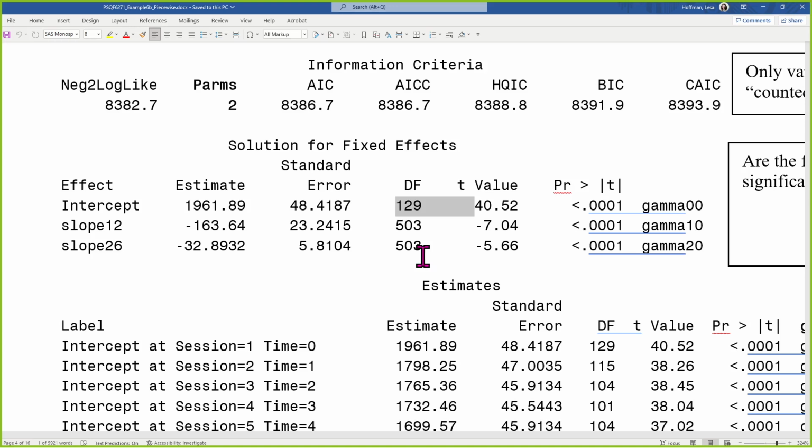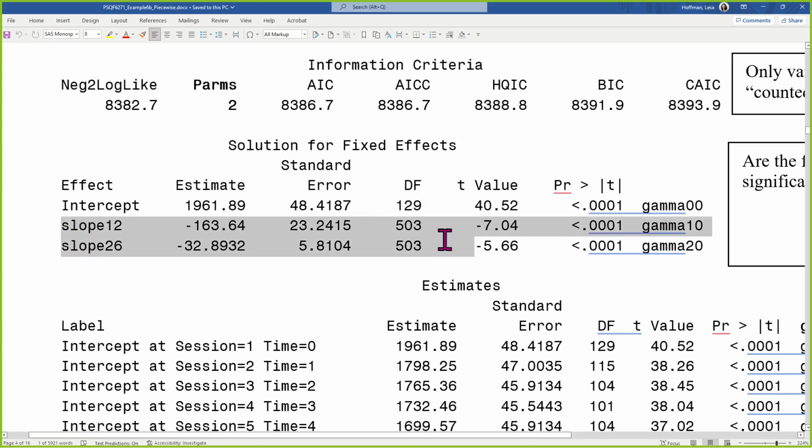Not exactly, because we don't have 129 people, but more like. This is an estimated quantity. In contrast, these two slopes are purely level 1 fixed effects without a corresponding random part yet. So they get tested against degrees of freedom that look more like level 1, which is the total sample size minus the number of persons minus the fixed effects spent.